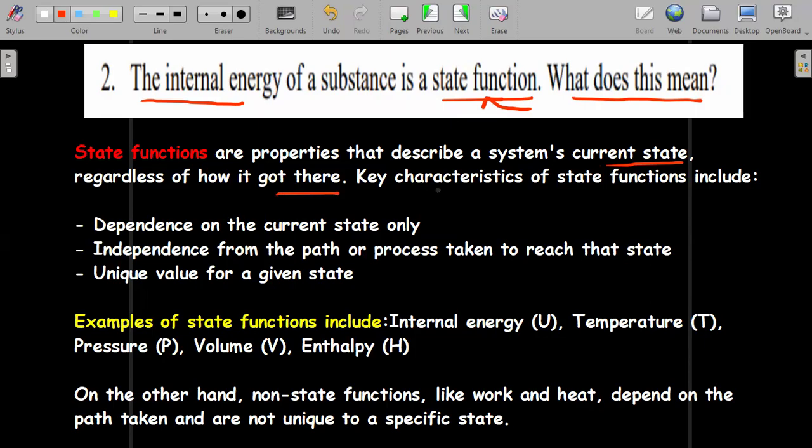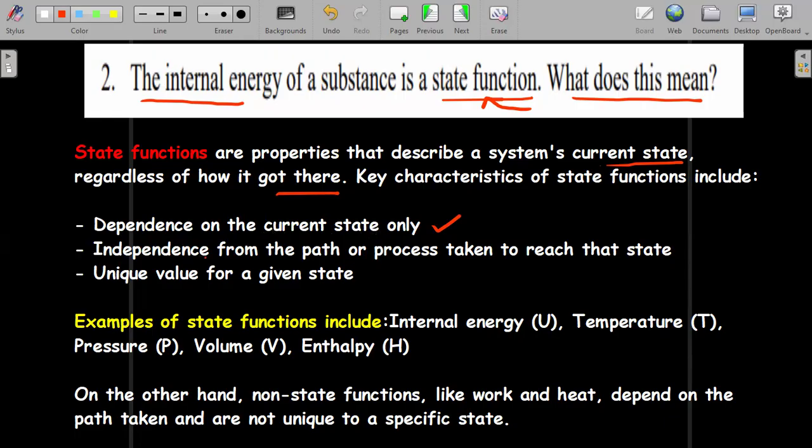The key characteristics of state functions include the following. The first is dependence on the current state only.